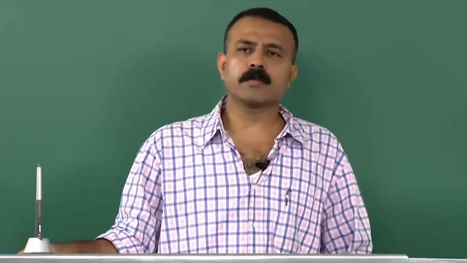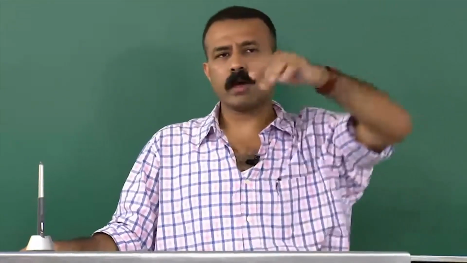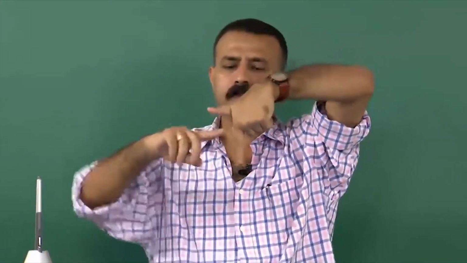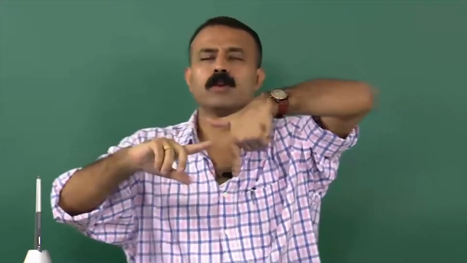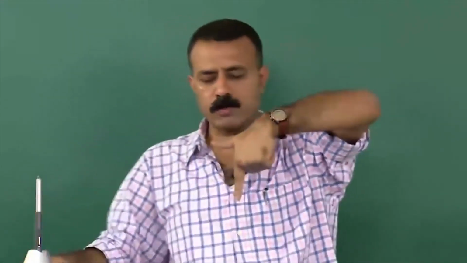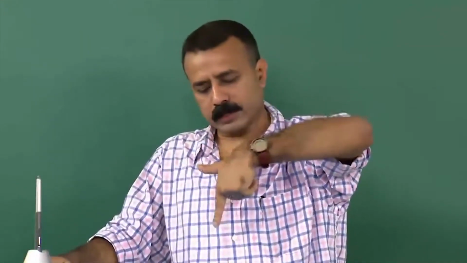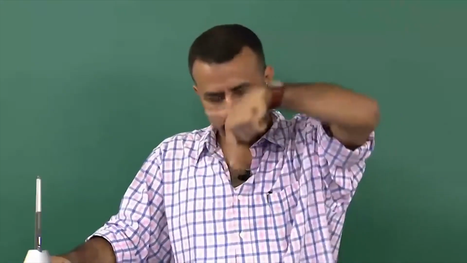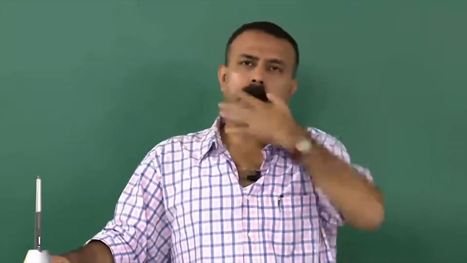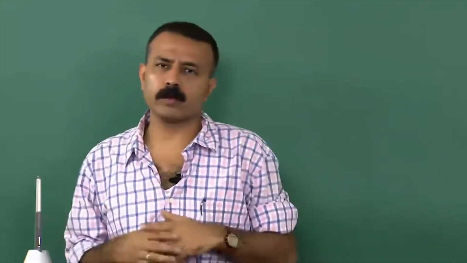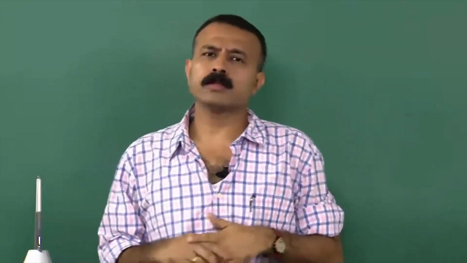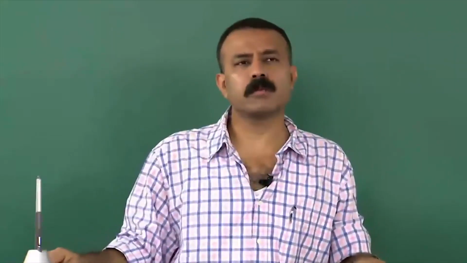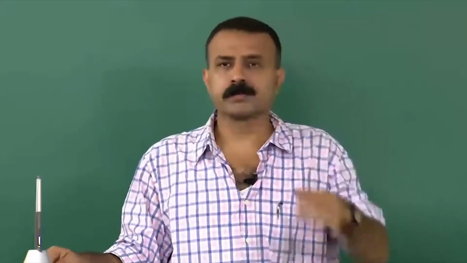In the existing patch clamp, what is happening is that you have this electrode which is coming from the top, and you have this 3 axis manipulator by which you can move the electrode like this, or like this, or up and down. So, there are 3 axes along which you can move the electrode, and all of this you are doing while seeing the electrode through a microscope from the top.